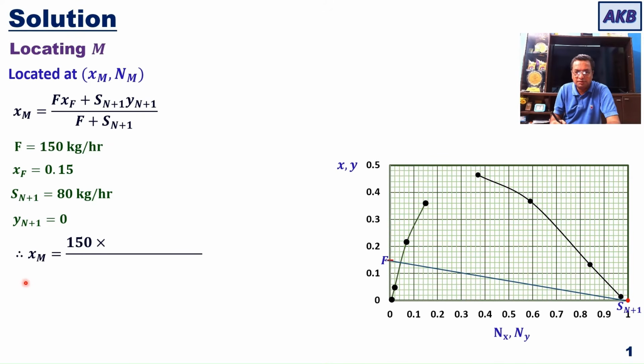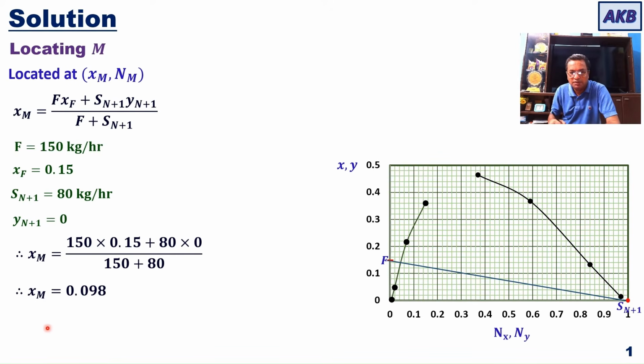If you use these values in the equation for xM, xM is equal to (150 into 0.15 plus 80 into 0) divided by (150 plus 80). If you solve this, xM will be 0.098. So point M will be located at x is equal to xM. Let us locate it. xM is 0.098, so it is over here.